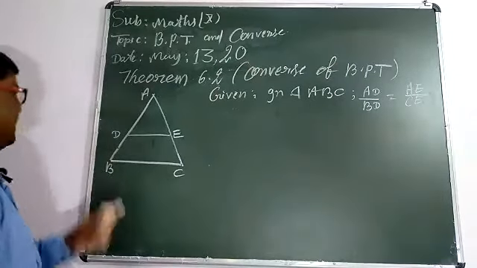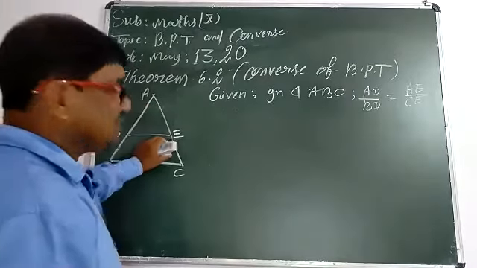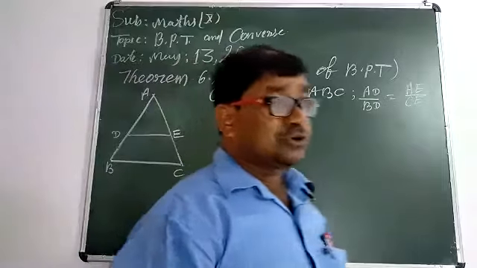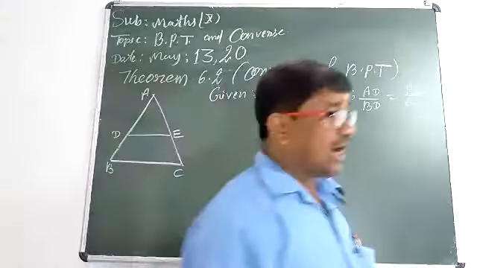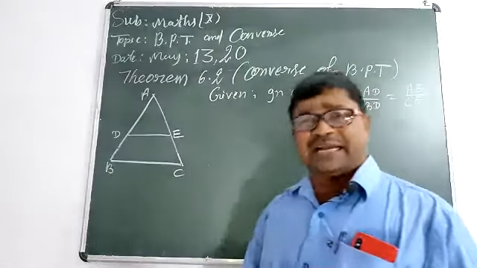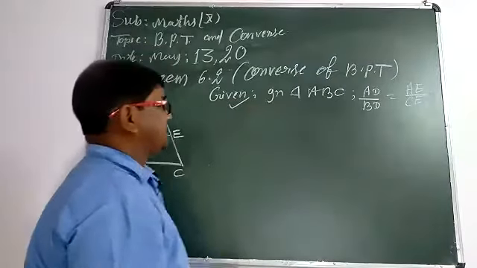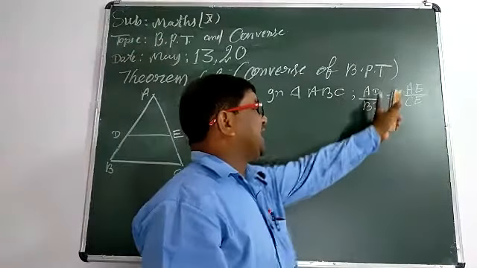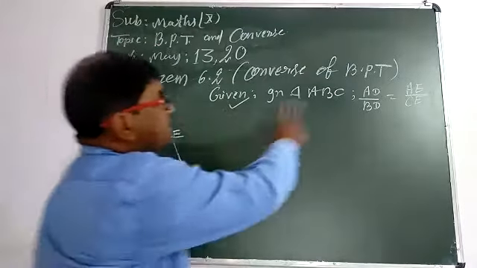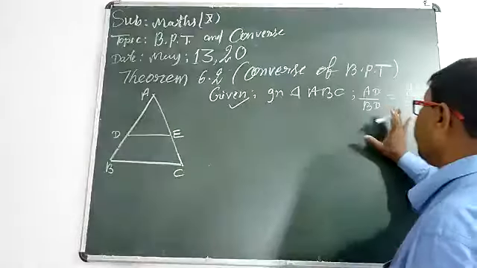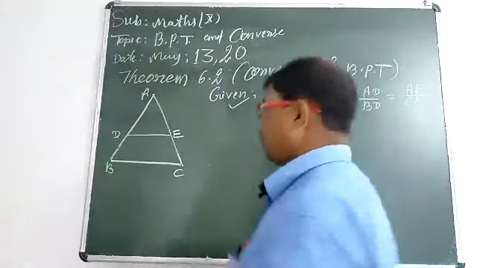It divides the two sides of the triangle in equal ratio. Recall the statement: divide two sides of the triangle in equal ratio. So write it in the given statement: in triangle ABC, AD upon BD equals AE upon CE. That is given. Its meaning is that it divides any two sides in equal ratio.